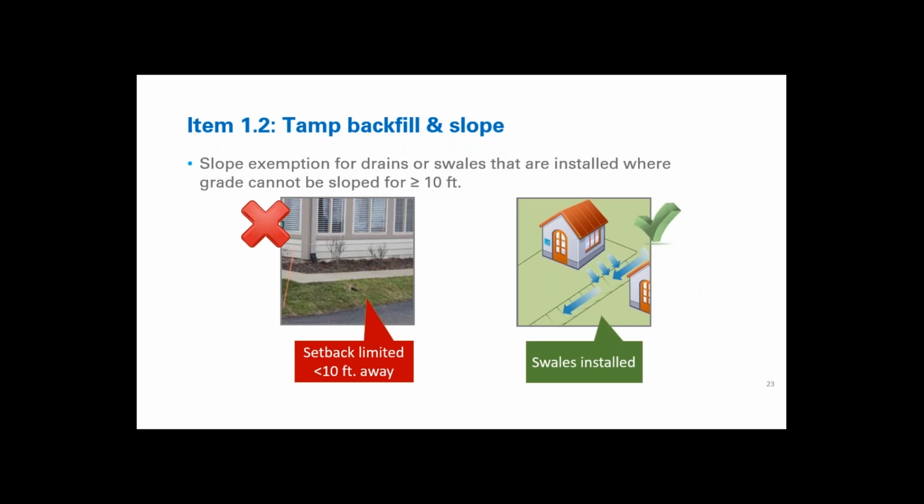In that case, if you're unable to slope the final grade for at least 10 feet, you can install swales or drains, or a combination of both to carry the water away from the foundation. So it's basically 10 feet or as far as you can, but then it needs to go into a swale or a drain. The image on the left shows a small lot where sloping isn't possible for 10 feet. And on the right, you can see swales used as an alternative.